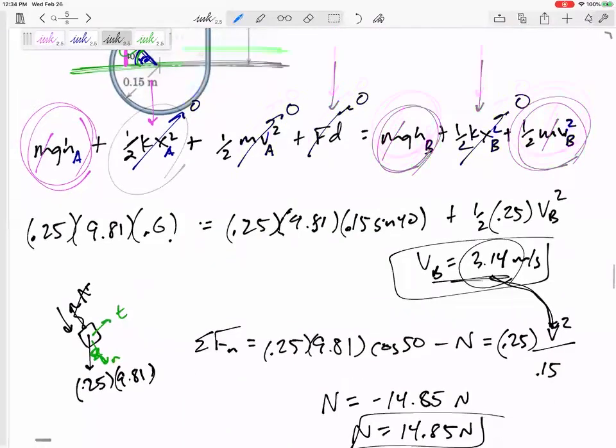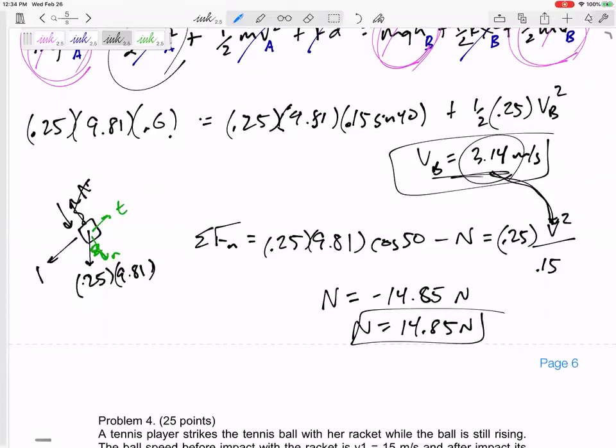But what if down here at part B, you had to draw your free body diagram? In a free body diagram, you would be drawing the force in a spring, and the force in a spring is not 1/2 kx squared. The force in a spring is kx, k times delta x, k times the amount of stretch or compression. Please don't mix up the force in a spring with energy in a spring.